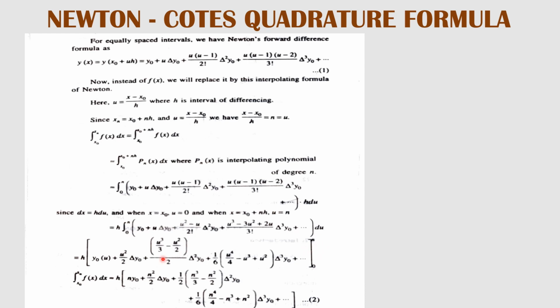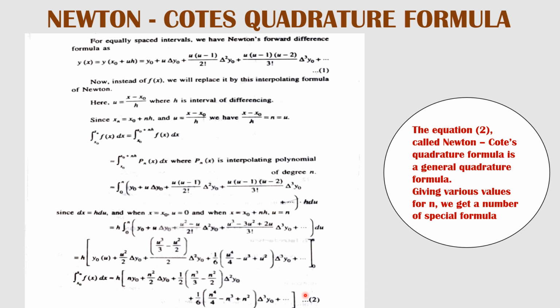After applying the upper limit, you will be getting an equation like this one, which can be named as equation number 2. And this equation 2 is called Newton's quadrature formula, and this is a general quadrature formula. By substituting the various values of n here, you can get a number of special formulas, which we'll be discussing in further slides.